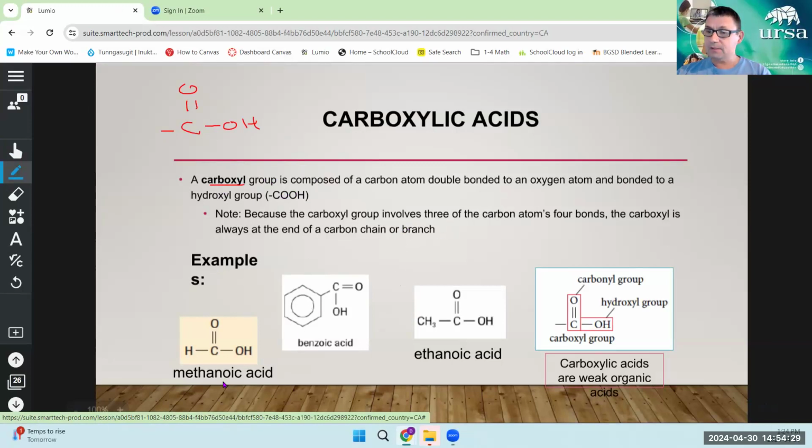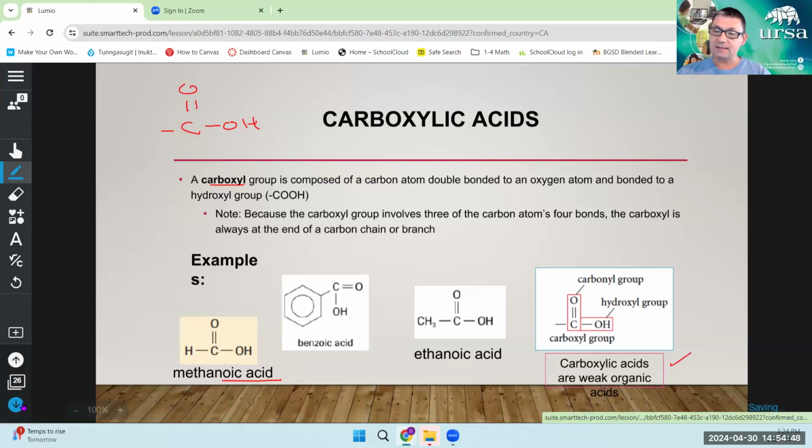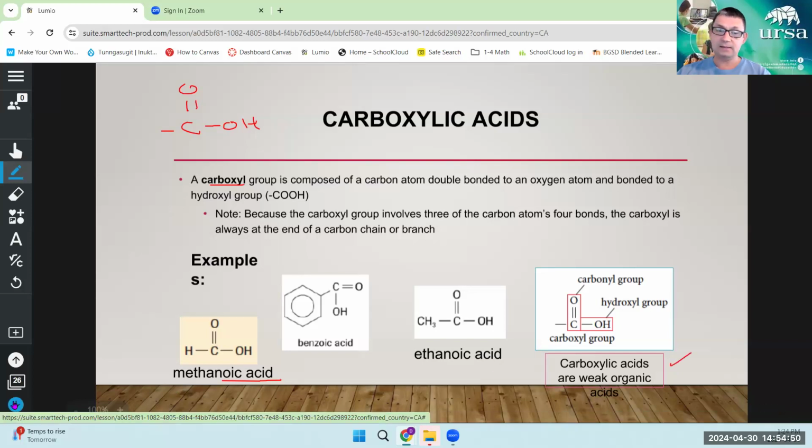In fact, what happens is the chain plus oic acid. Benzene plus a carboxyl group, benzoic acid. Methane, 1 carbon, methanoic acid. 2 carbon, ethanoic acid, and so forth. These carboxylic acids are weak organic acids, and they do have chemical properties that indicate as such.